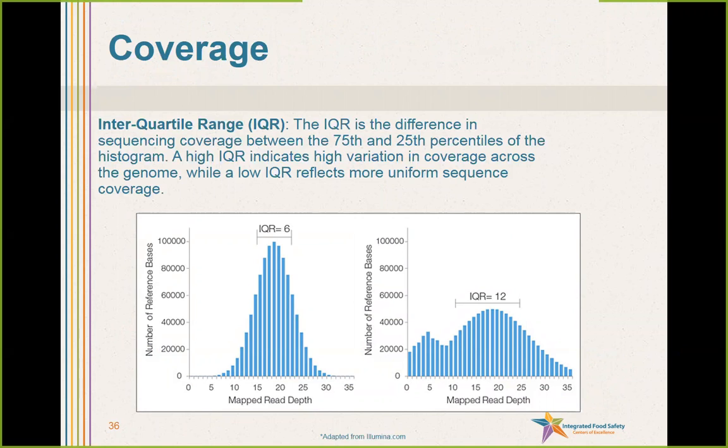Below, in the diagram, you can see the two different scenarios. On the left, you have a smaller IQR, whereas on the right, you have a more diverse or spread out IQR. On the left is ideally what you would like to see across your reads. On the right is a little bit too much variation, or a high IQR, which is less desirable.